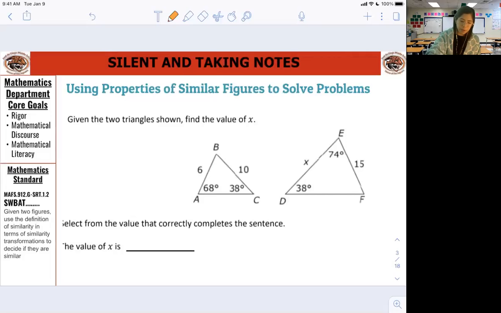Right, that's going to be 74 because we know the angles are congruent. And then on triangle DEF, what's the missing angle? 68. So now that I have the three angles, that helps you to see which sides are corresponding.